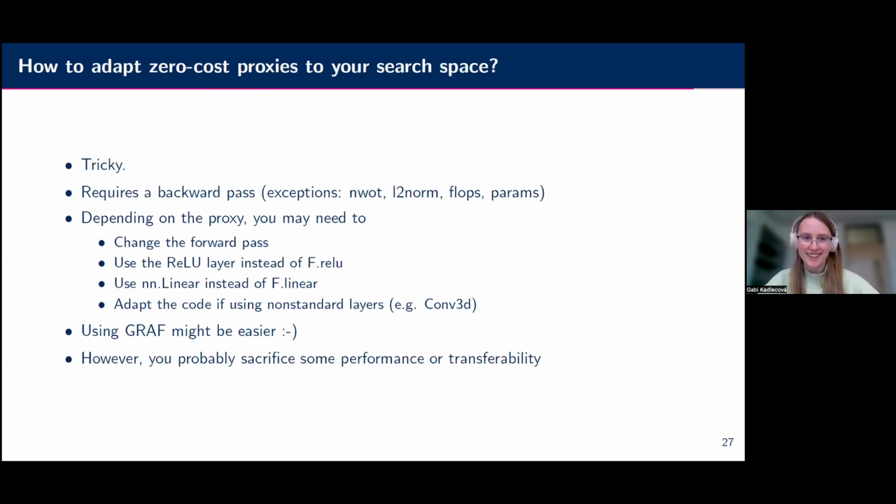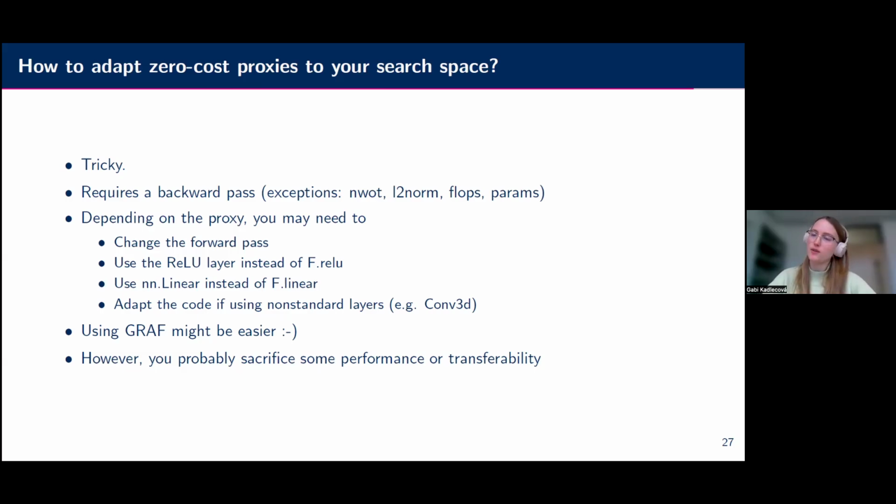On the other hand, if you want to adapt zero-cost proxies to your new search space, which I recently did, it's fun. It's tricky. One thing is it requires a backward pass, so it might not be usable. But if yes, then you may need to change a lot in the zero-cost proxy code or your code.